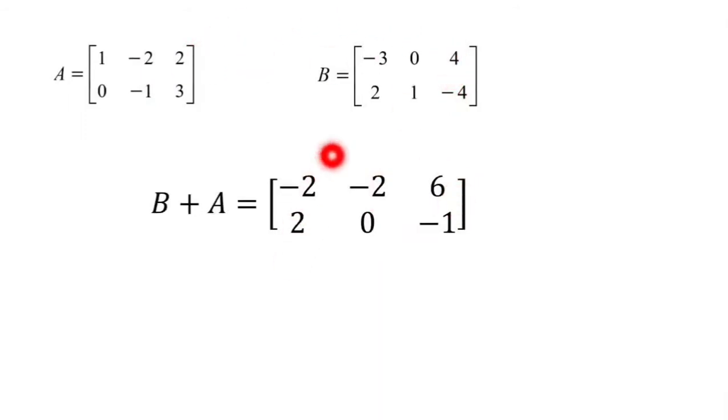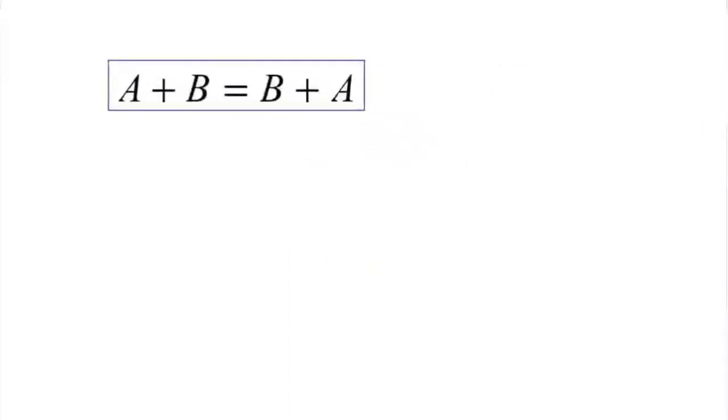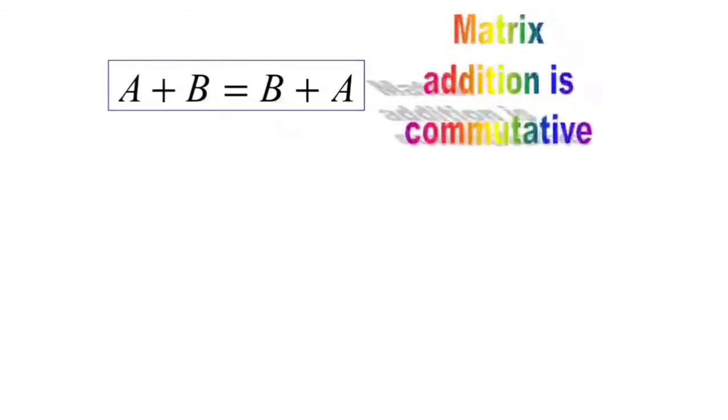And the next element is 2 plus 0, it becomes 2. 1 minus 1, it becomes 0, and minus 4 plus 3, it becomes minus 1. What was A plus B? A plus B is also the same. So from the previous and this one, both are equal. Hence we get A plus B is equal to B plus A, and this indicates that matrix addition is commutative.